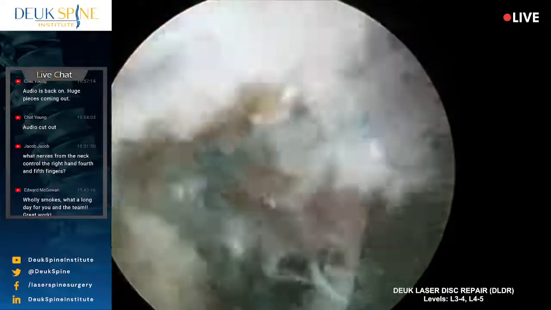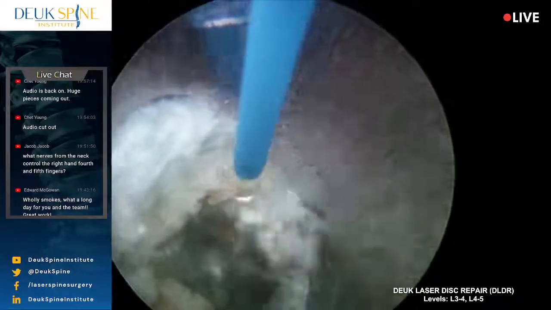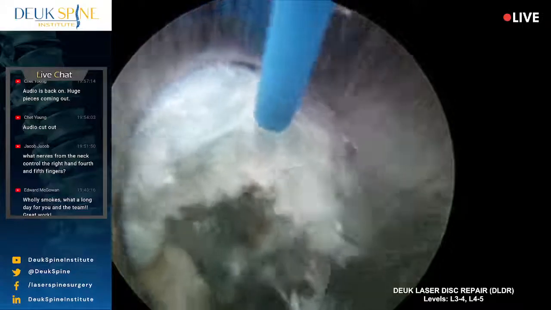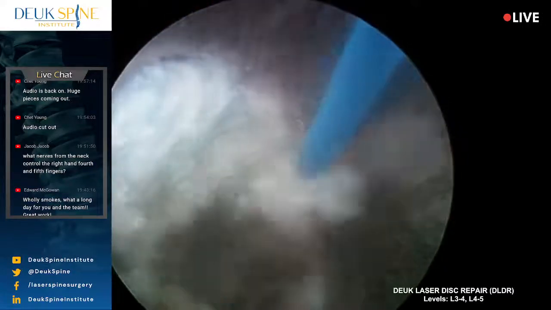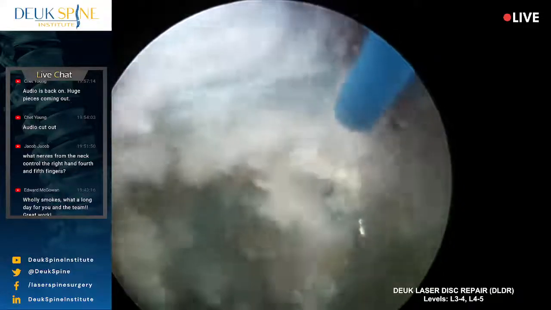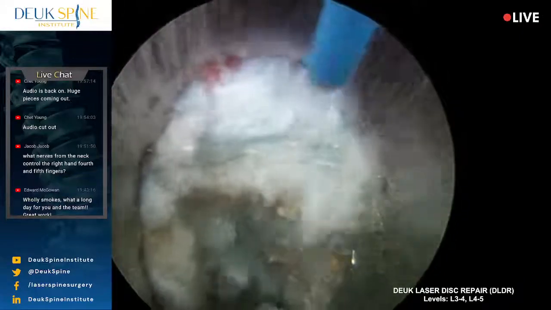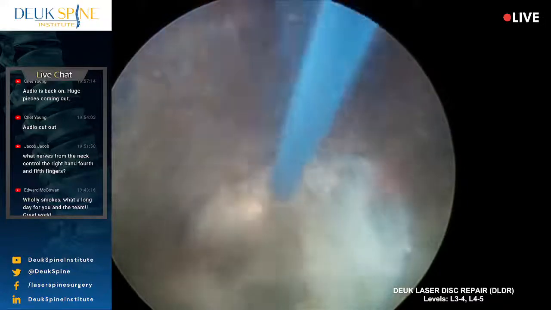You see that pinkish thing? That's the bone. Come on, laser. Please don't distract her. Those white fibers there that run across from left to right at the roof, those are your posterior longitudinal ligament fibers.